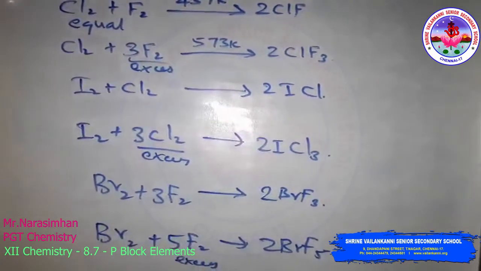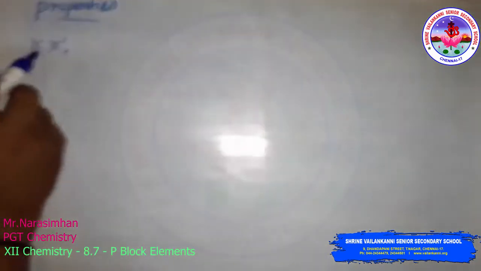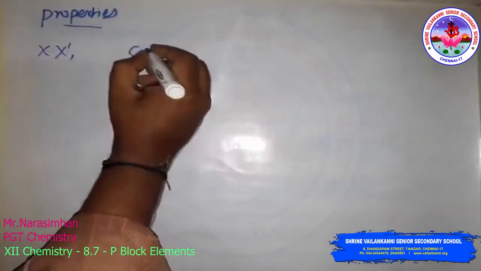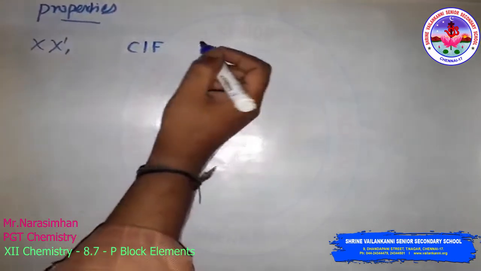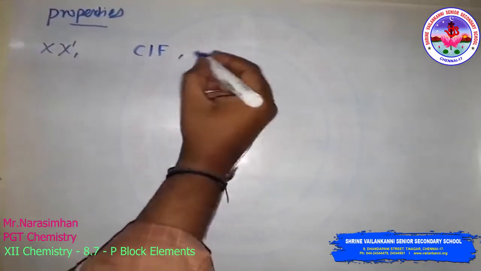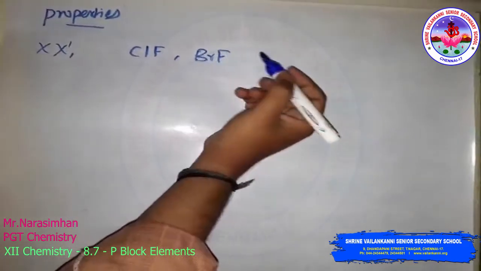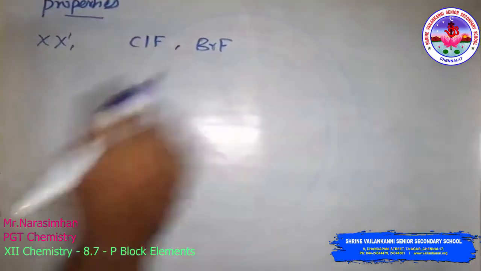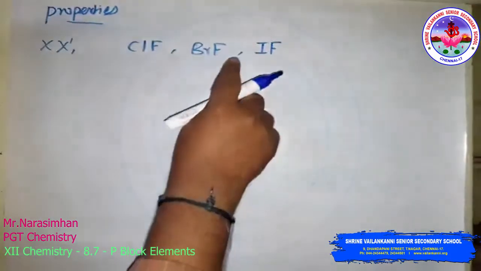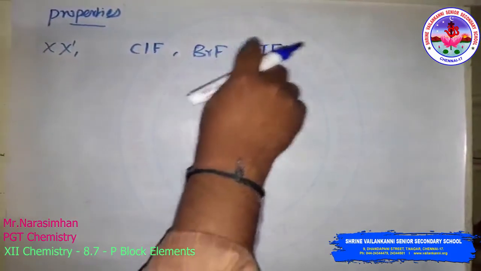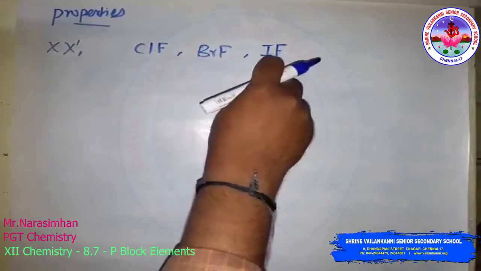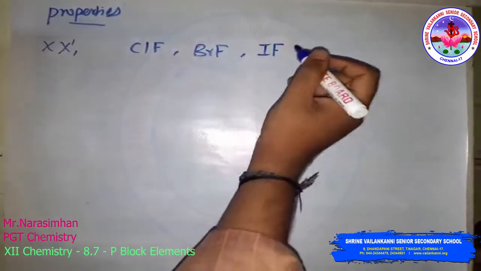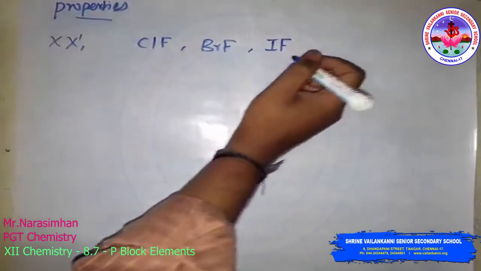Now the properties. Here the type X-X' 1, meaning the formula is ClF. The compound is a colorless gas, and BrF is a pale brown gas. IF is a very unstable compound, and it can be detected by spectroscopic studies.